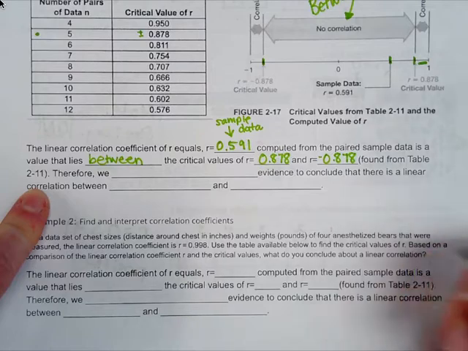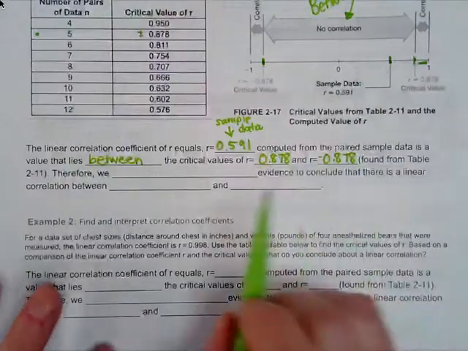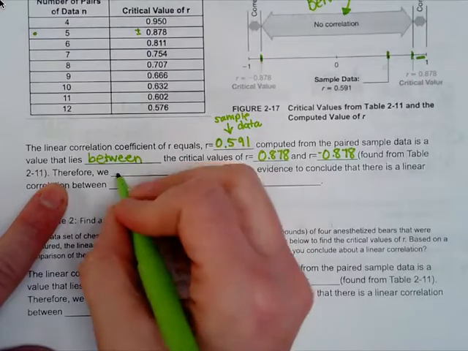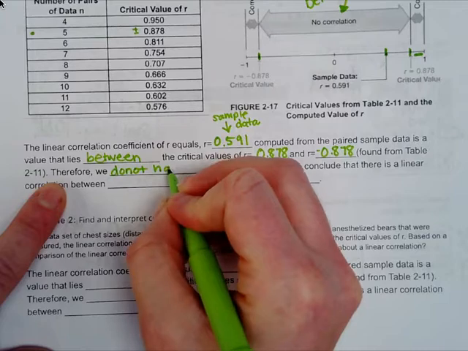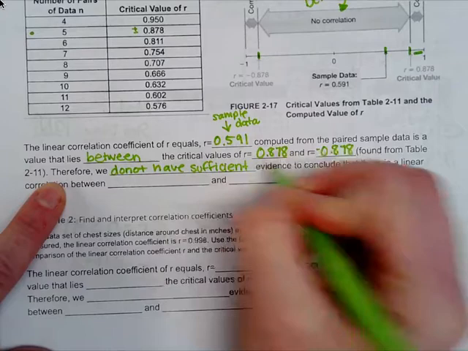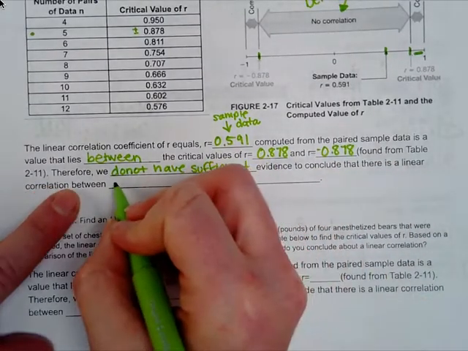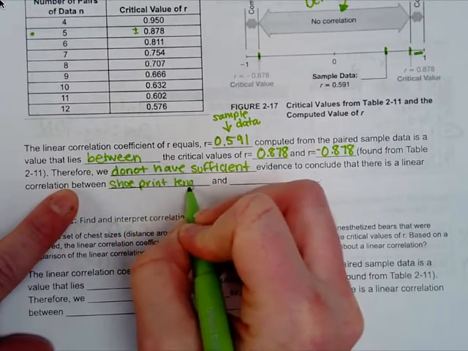So it's between those two. So if it's between the positive and negative of a number, that includes 0. Anything that has a 0 correlation is no correlation. So this is equivalent to no correlation. So therefore, we do not have sufficient evidence to conclude that there is a linear correlation between shoe print length and height.